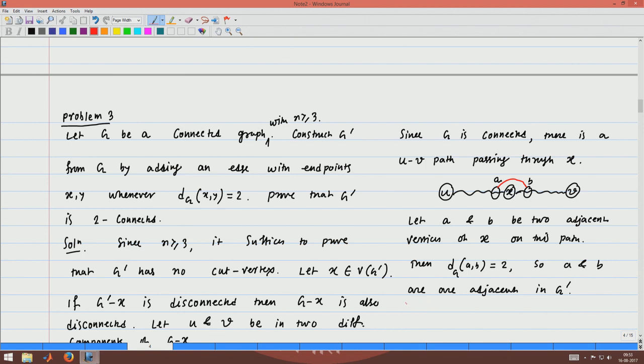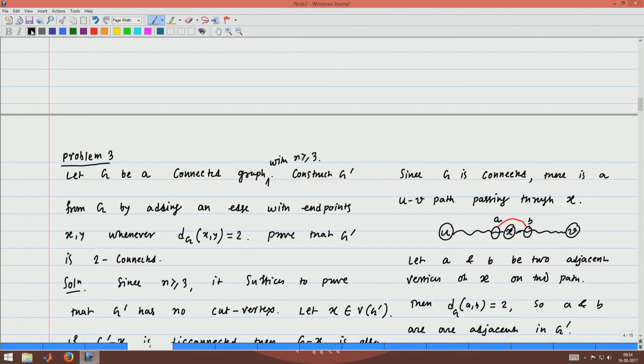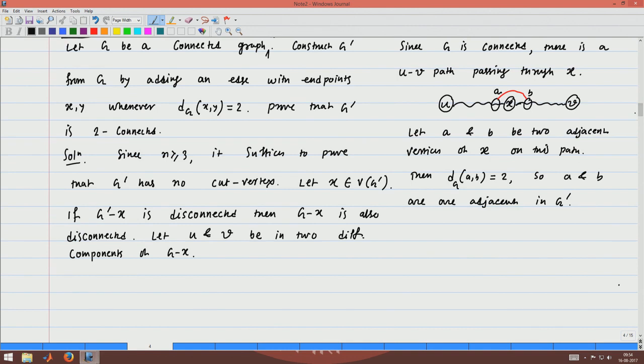So, it follows that G prime minus x is not disconnected.